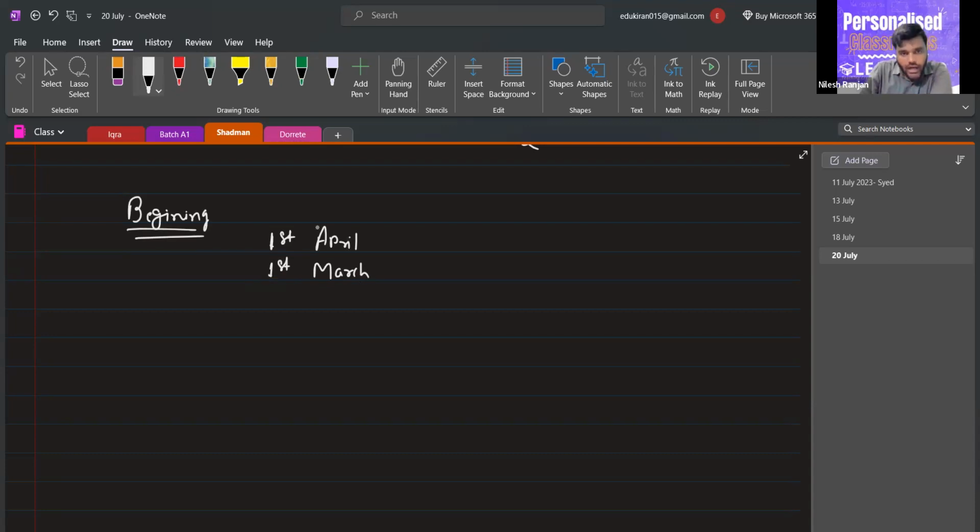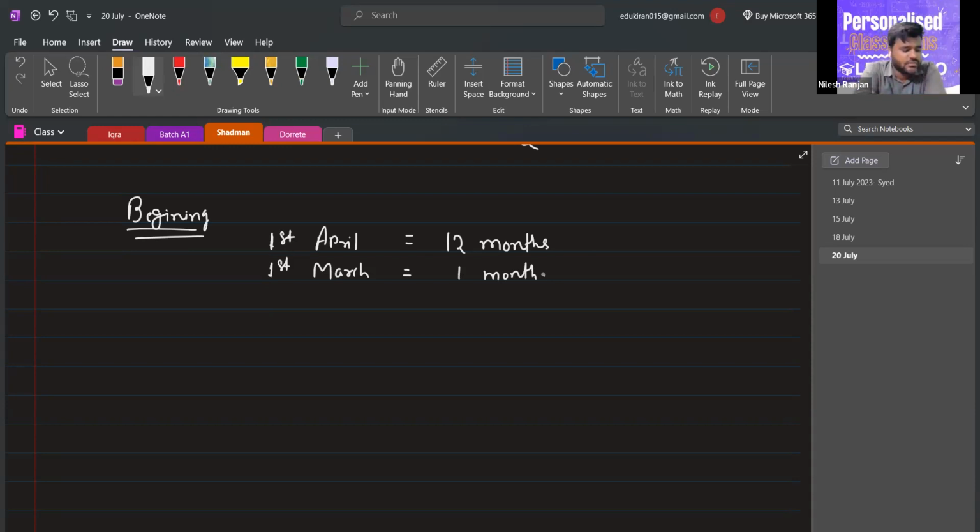After 1st April, there are 12 months left: April, May, June, July, August, September, October, November, December, January, February, March. So total 12 months. After 1st March, how many months? March is the last month.